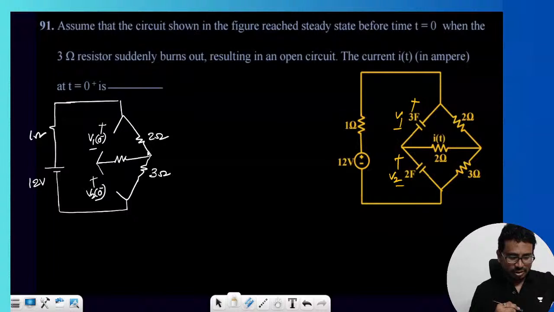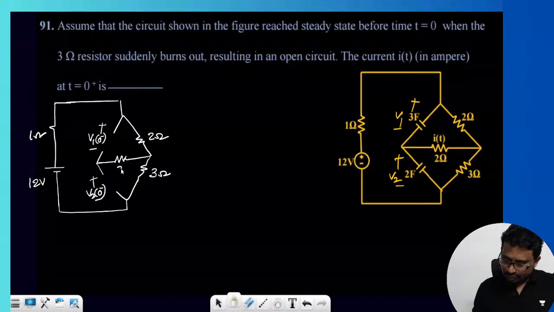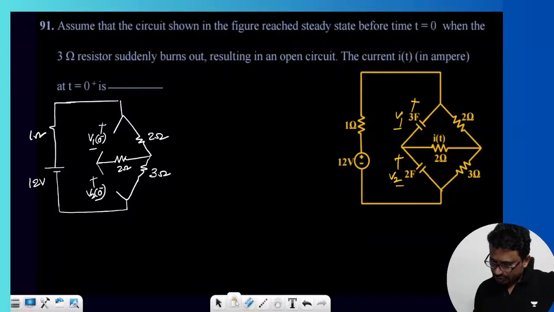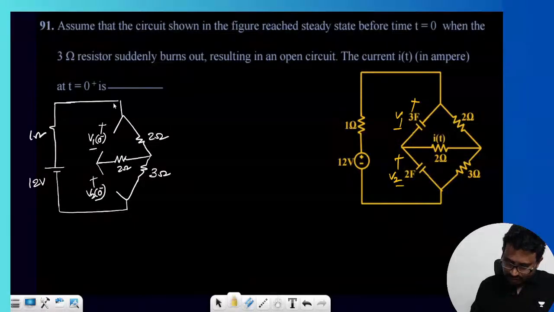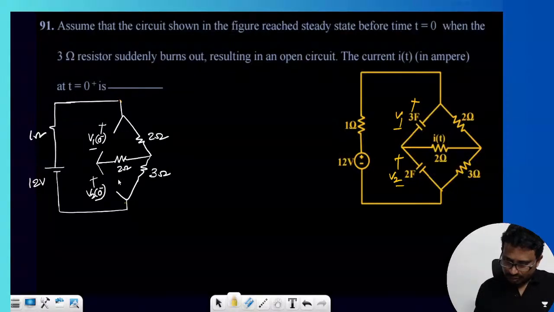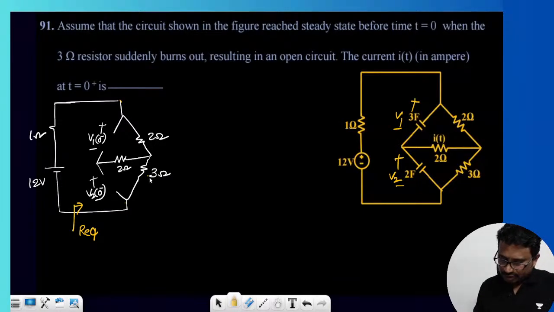Here you can see how the current will flow. The current will flow like this only. There is no effect of this resistance at all. So the equivalent resistance of the circuit is the series combination, 6 ohms.